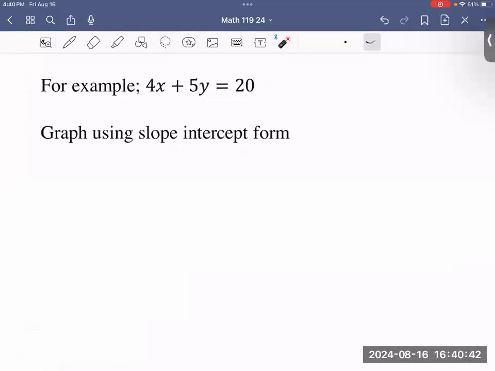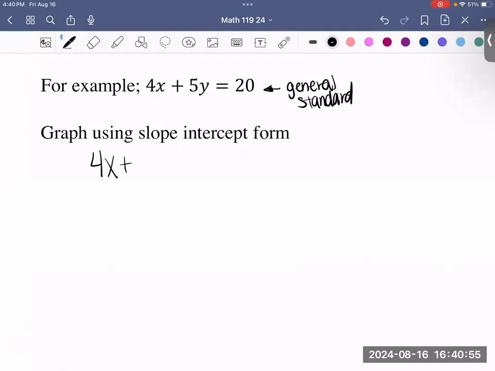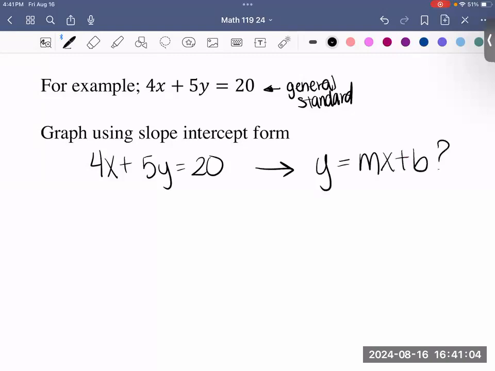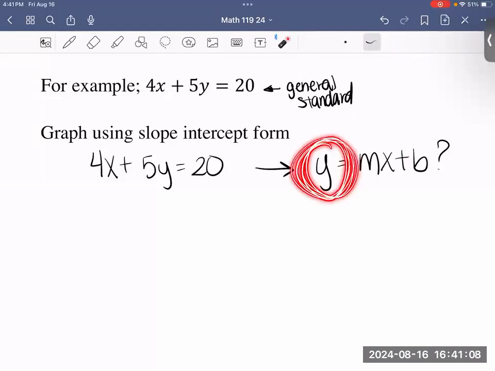So one thing we can do, since it's not in slope intercept, this is a general form or standard form. We have 4x plus 5y is equal to 20. How can we make it to have the structure y equals mx plus b? Well, simple answer is y is isolated and all alone.